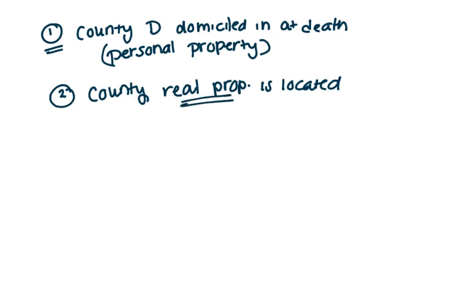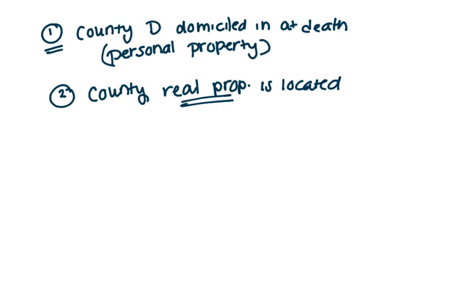So you might be wondering what happens if a decedent lives in a county at the time of their death and owns real property in another county. Or what happens if the decedent owns multiple pieces of property with real property located in different counties.